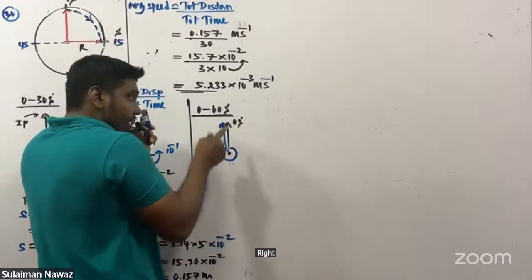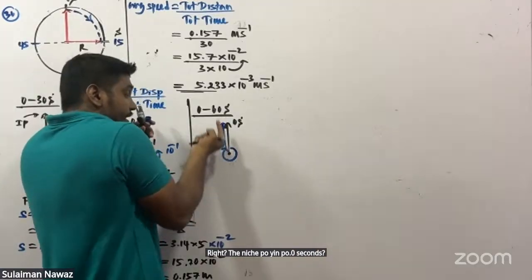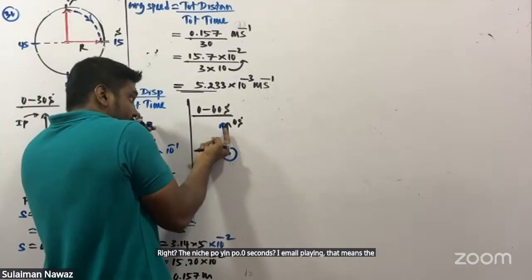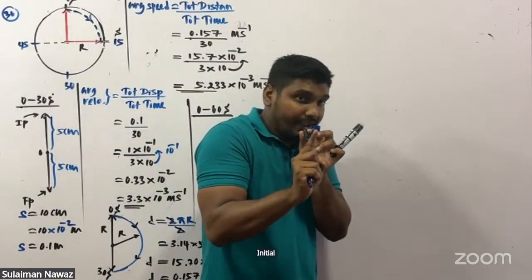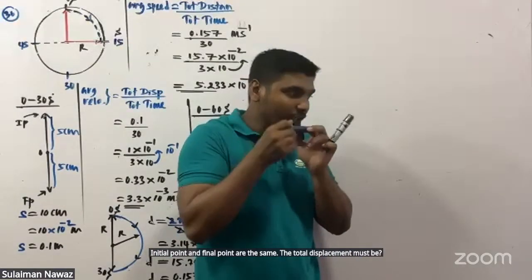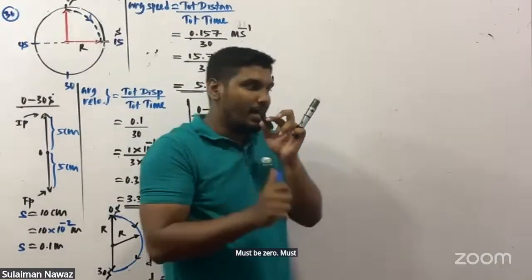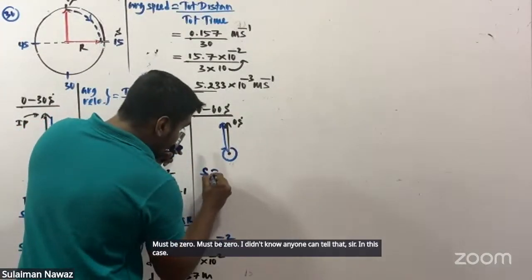The initial point is the 0 point at 0 seconds. The final point is also at 0 seconds. What can you say about the total displacement? The initial point and final point are the same, so the total displacement must be 0.